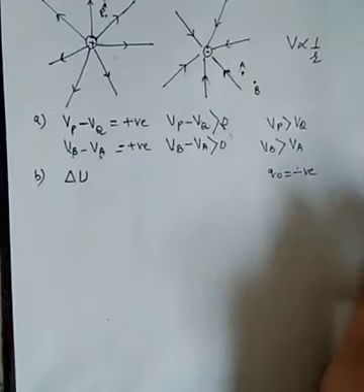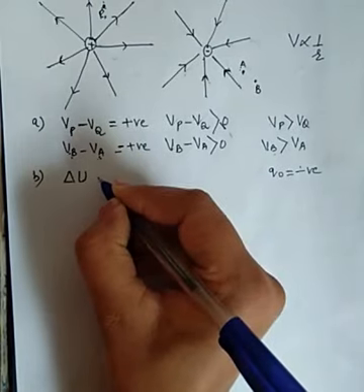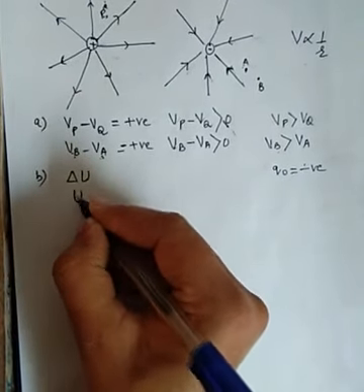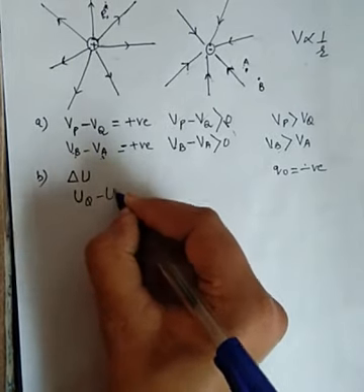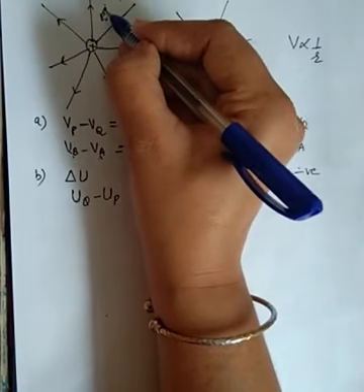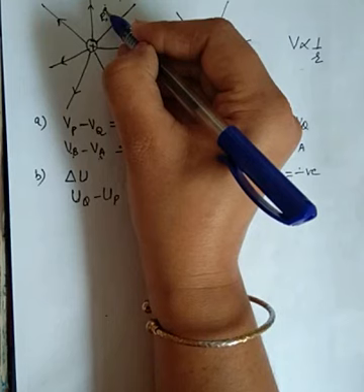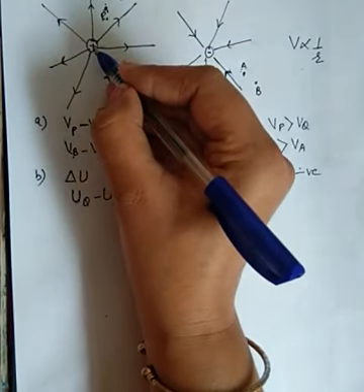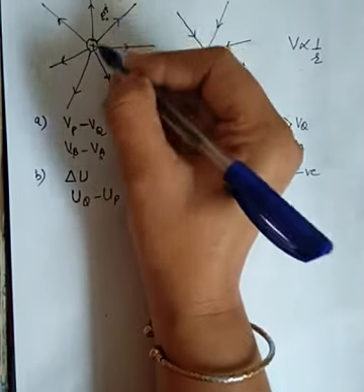The charge is negative. We have to find the potential energy difference in the first part, that is, the value of UQ minus UP, from Q to P. As the charge is negative, it will feel an attractive force towards the source charge.